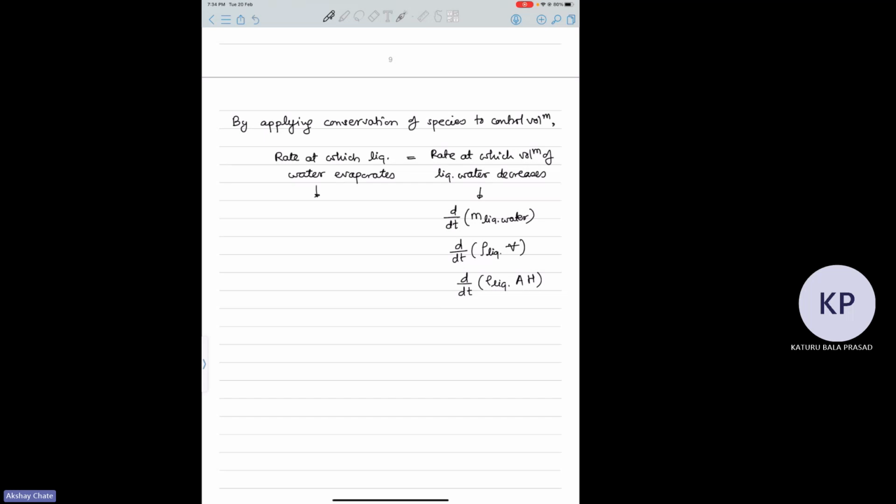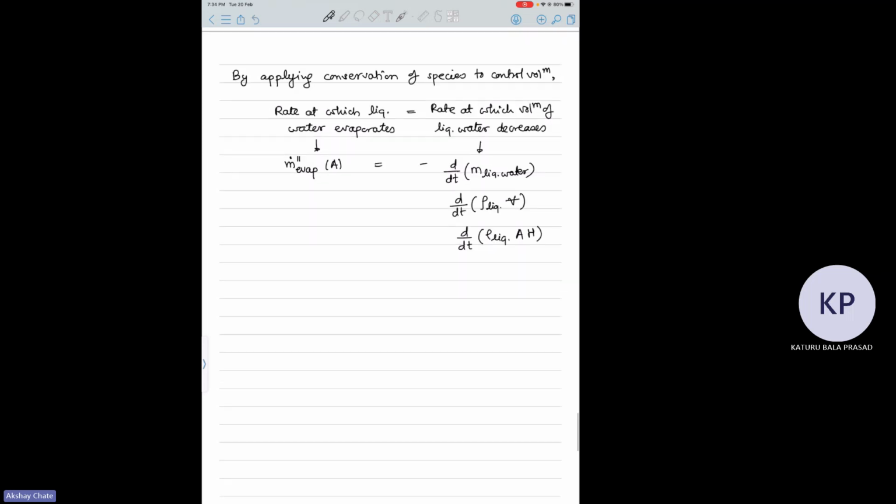But here we'll have some rate of evaporation of mass times area, because that is where the evaporation is happening, right? And there will be a negative sign here, because you are considering a control volume and the water is leaving your control volume. You can put the negative sign anywhere, it doesn't matter, as long as you understand why we are putting it here.